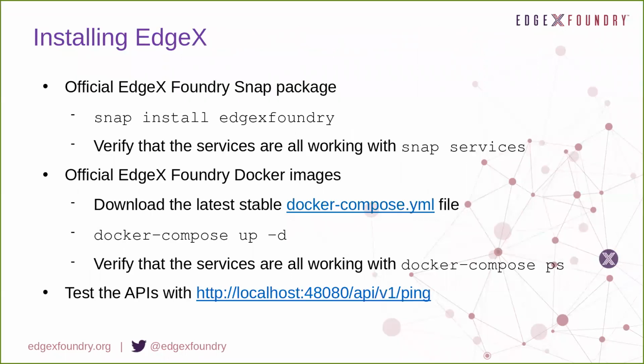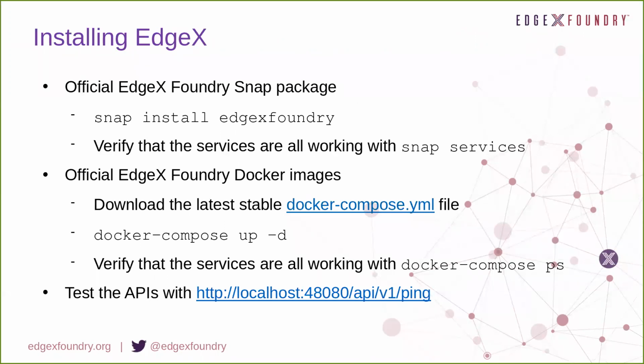All right. As mentioned, we will be providing some workstations that already have the software preloaded, but to help you get started before the event, here are some quick instructions. Most of the software will be installed on our boxes using the snap packaging format, and we do have an EdgeX Foundry snap package. So if you are on a modern version of Ubuntu or some other Linux distro that has snap enabled, you can install it very easily.